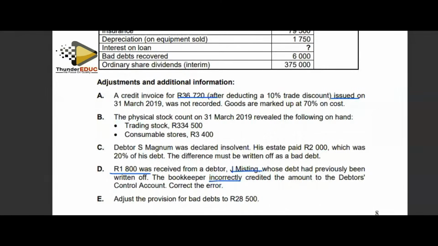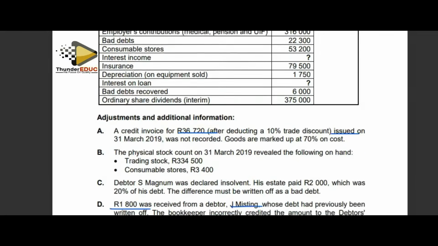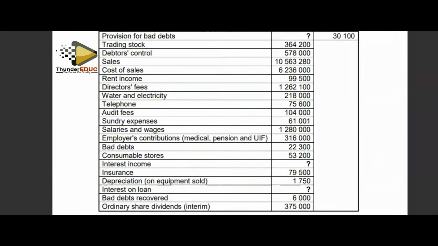Adjust the provision for bad debts to 28,500. So they are trying to say that we have to change our provision for bad debts to this amount. Now, the question is, is it increasing or decreasing? Remember, I explained the provision for bad debts in our previous lesson, and we said that this is the money you put aside to cater for all debtors who may not pay. So the provision for bad debts for 2018 is 30,100.